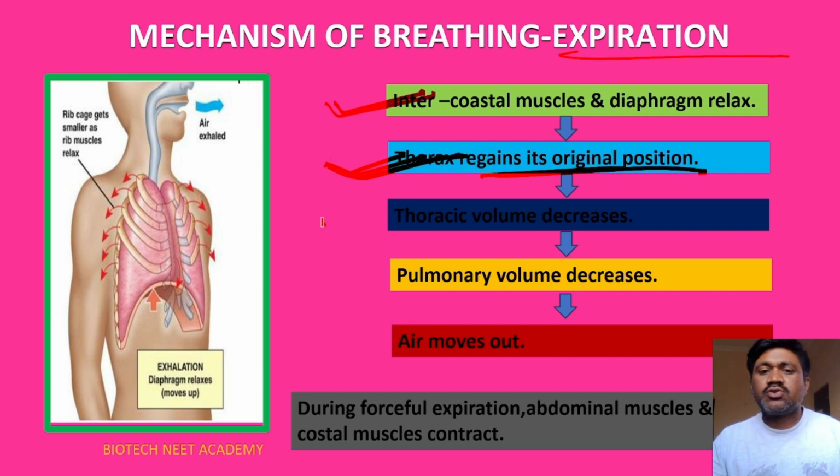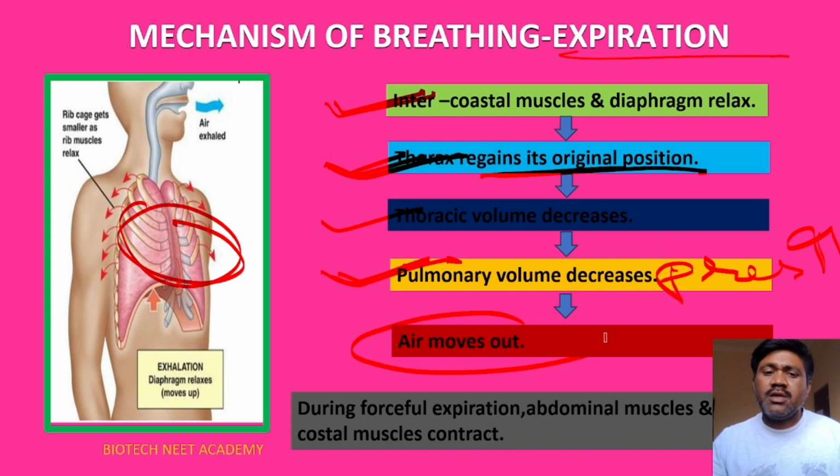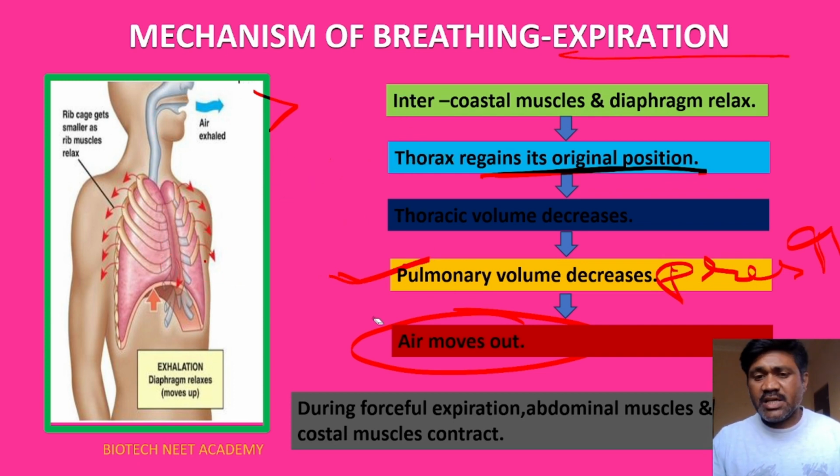Obviously the thoracic volume decreases. Pulmonary volume decreases and pressure increases. So the air is pushed, and because of this pressure, air moves outside. Like this, the exhalation or expiration process takes place.